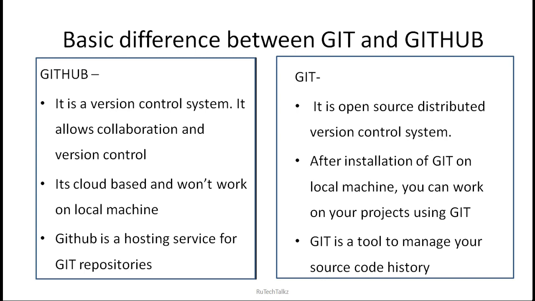While they are working on the project, they will work on Git, which will be installed on their local machine. And once they have done the changes, they will use Git to push their changes to the GitHub repository. You can work on Git on a local machine without an internet connection. For working on GitHub, you need an internet connection as it is cloud based.